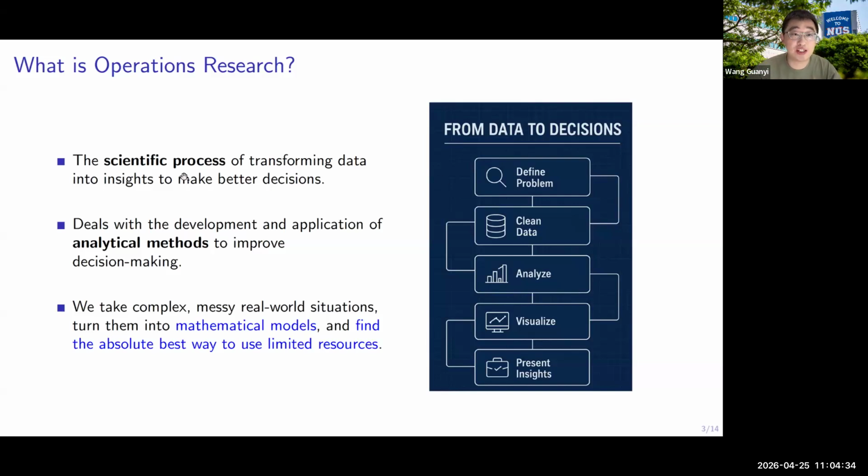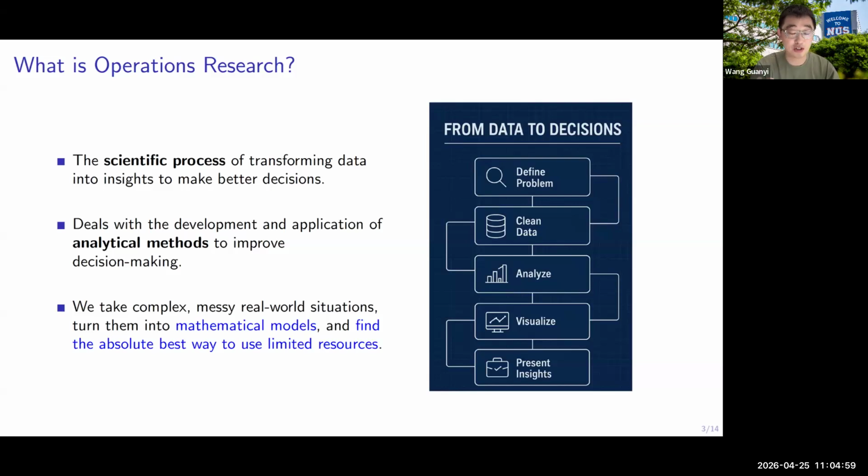As shown on the left side of this column, you could consider operations research a scientific or mathematical process of collecting data and information from your daily lives and translating it into insights.